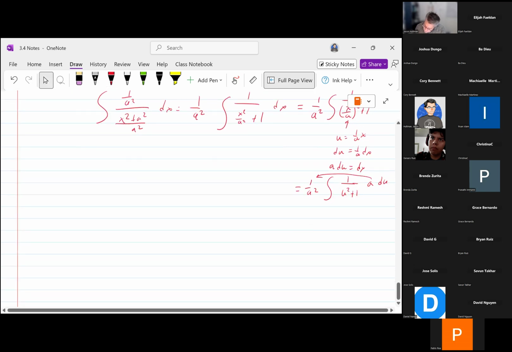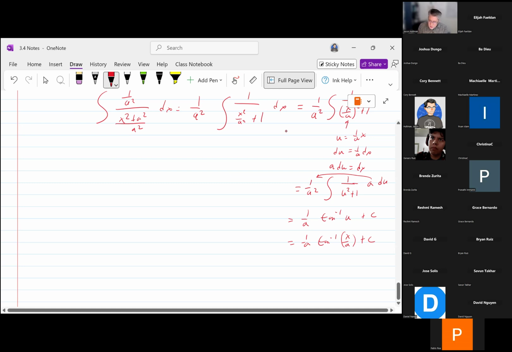That will leave me with 1 over a times inverse tangent of u plus c. Okay, and so, but what was u? U was x over a, right? So this equals 1 over a times the inverse tangent of x over a plus c.